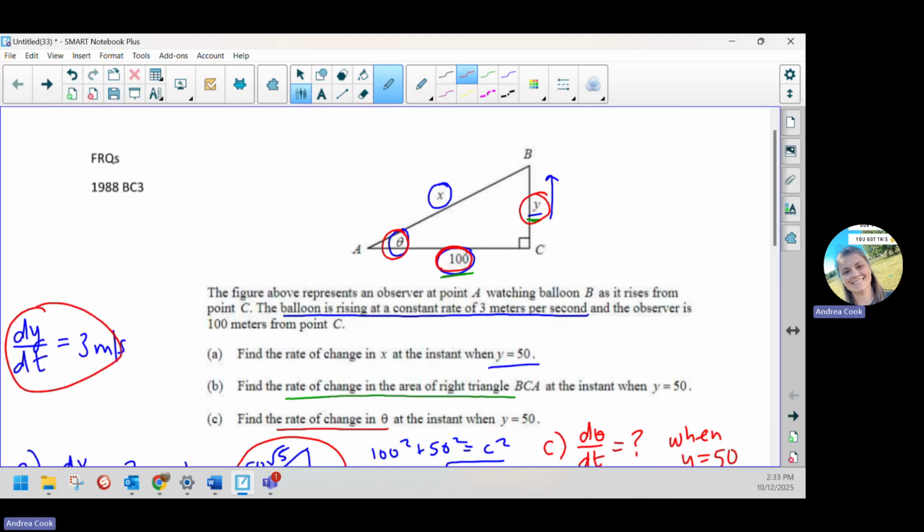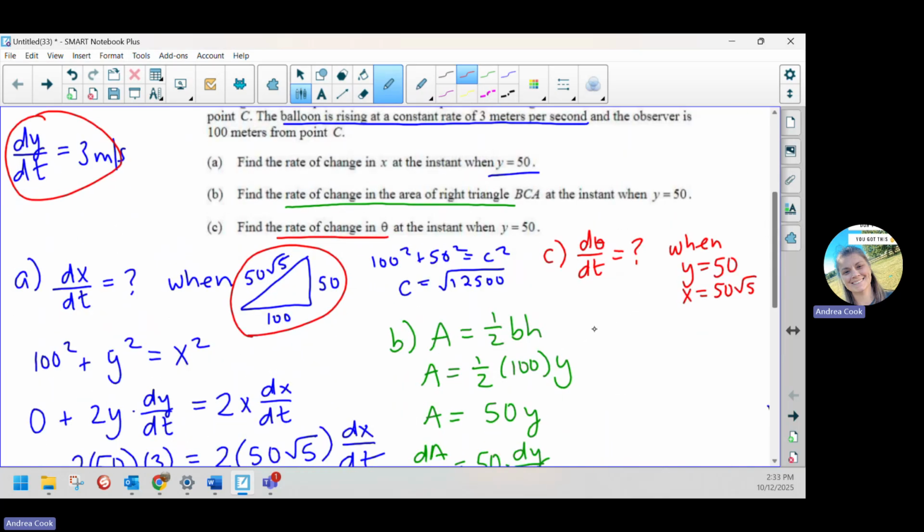So when I look at that, I have opposite over adjacent, which is tangent. So tangent of theta is opposite over adjacent. So that's the equation I'm going to use. So I'm going to come down here.